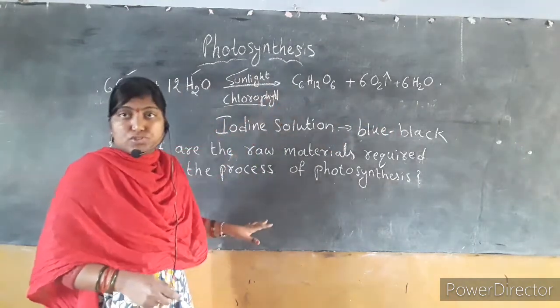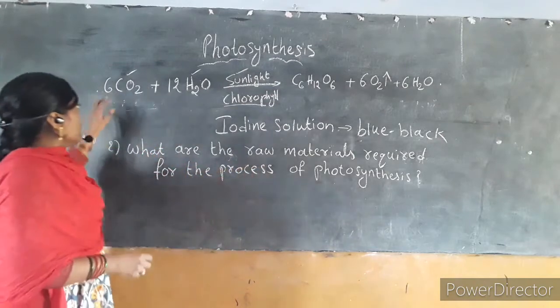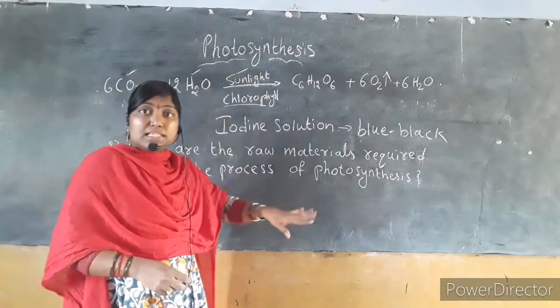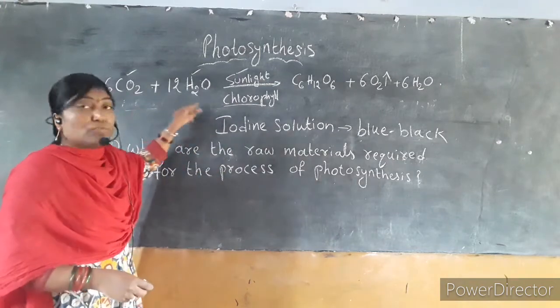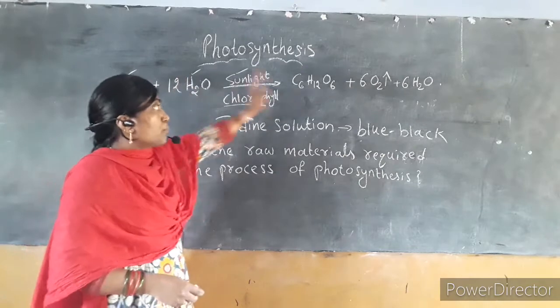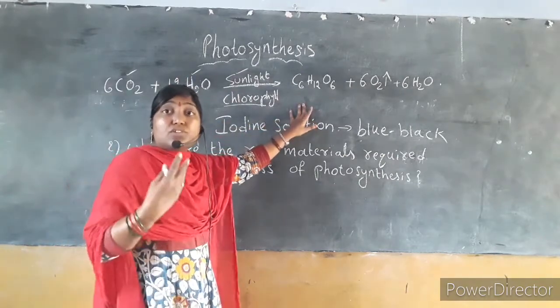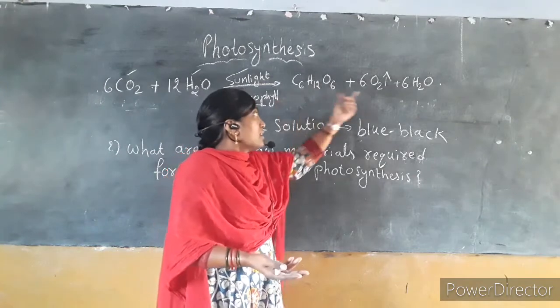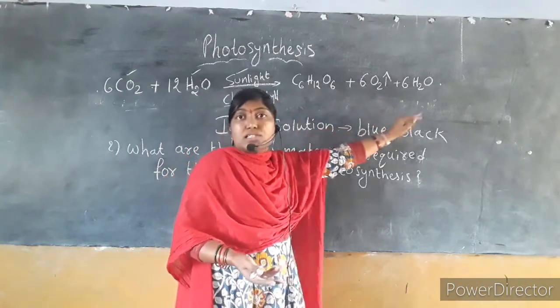I hope you understood. So I repeat once again, this is your balanced equation, and plants utilize carbon dioxide, water, sunlight and chlorophyll, and they synthesize carbohydrates, release oxygen and also water.